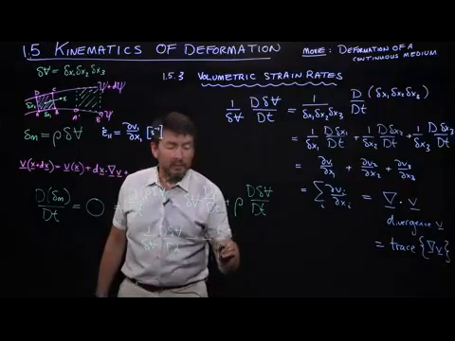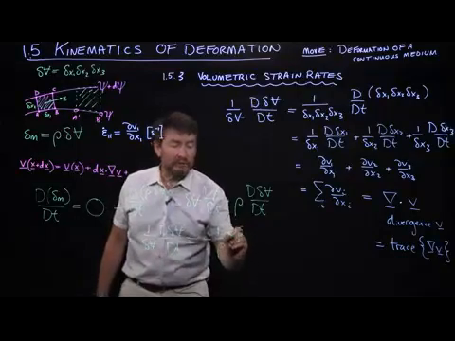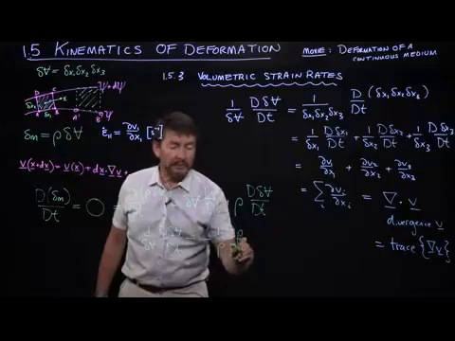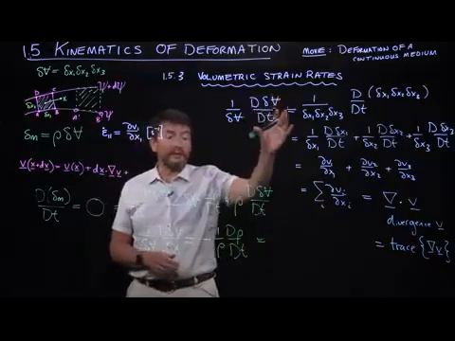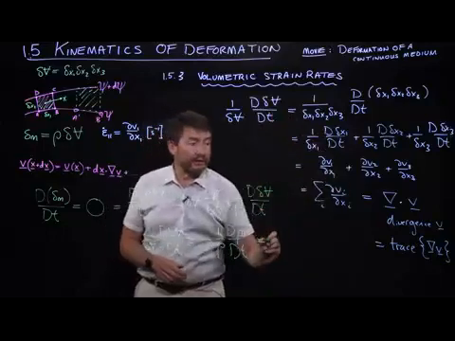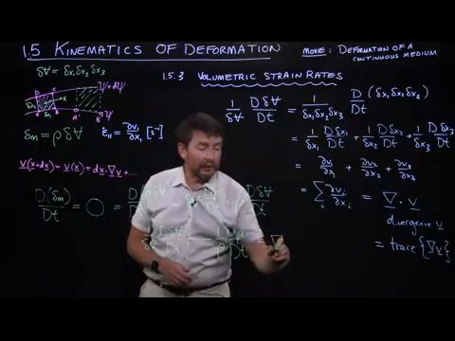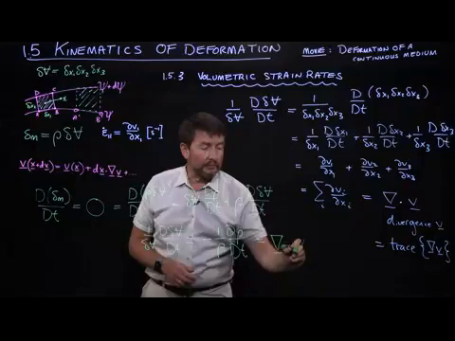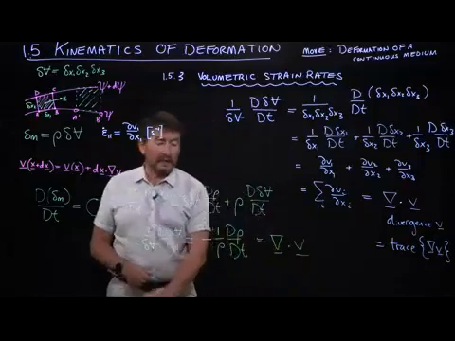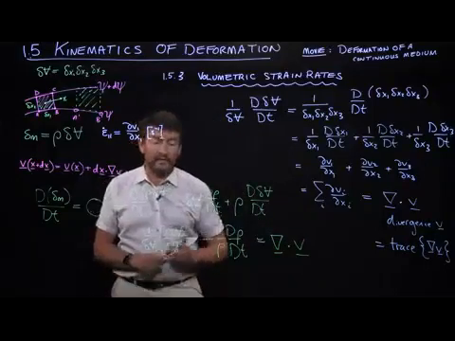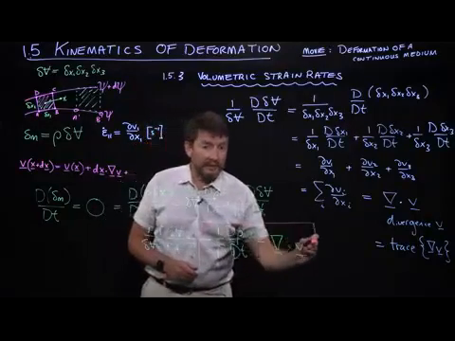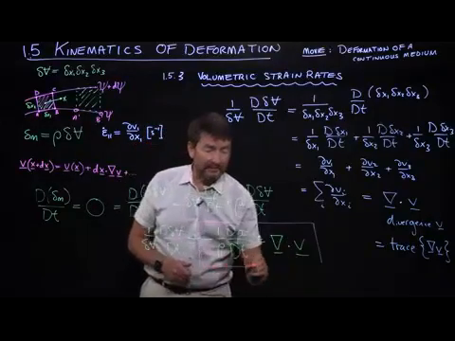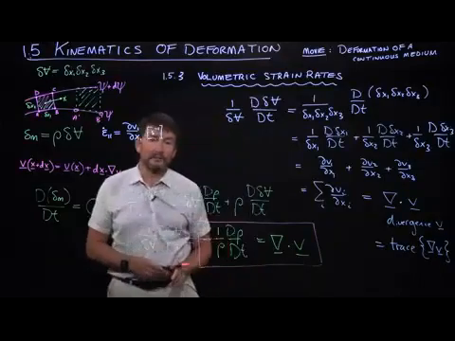So we'll have minus 1 over rho, d rho by dt. So those two are equal through using the chain rule, but we can also now connect it to this statement right here that says that this is also equal to the divergence of the velocity field. And this result is something that we'll see frequently as we go forward. This is nothing but a statement of conservation of mass for our system.